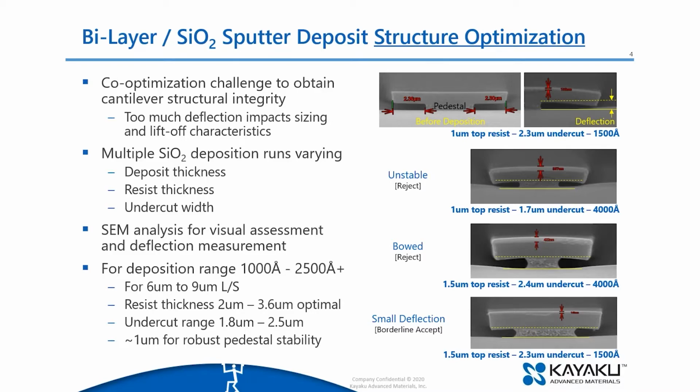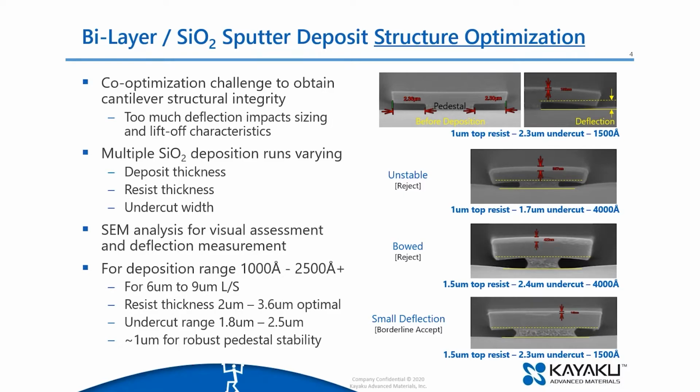In the case of something with significant deflection or irregularity in the symmetry of the structure, it was just considered an unstable outright reject. If it was bowed significantly, it was considered a reject.